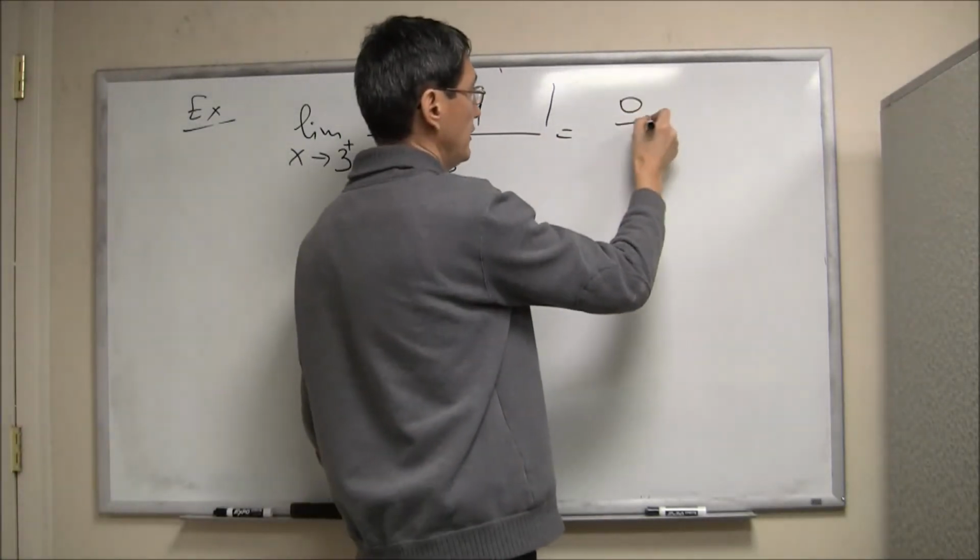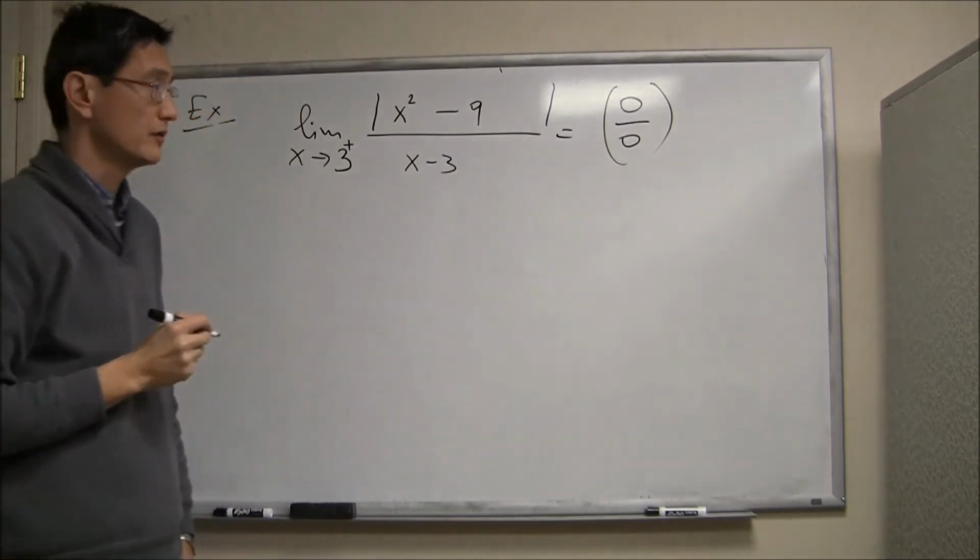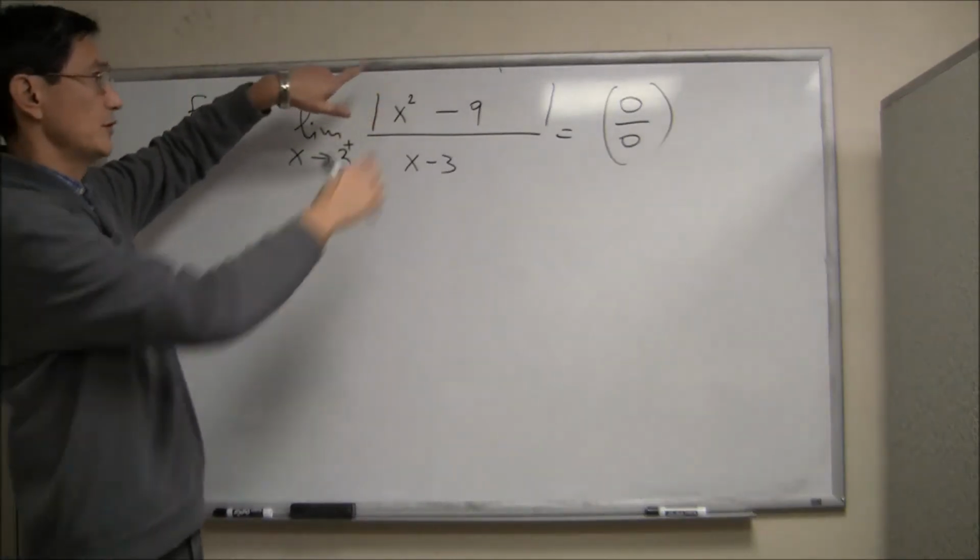So I try to calculate the limit right from the beginning. I get 0 over 0, so I have to get rid of absolute value somehow.